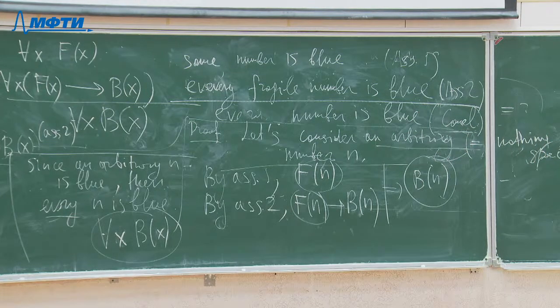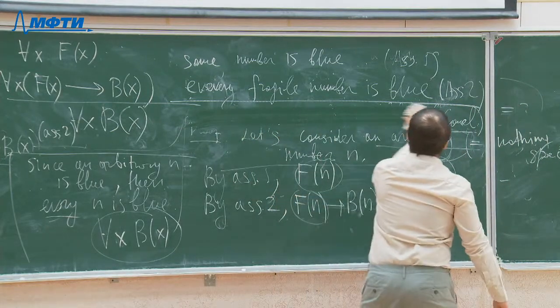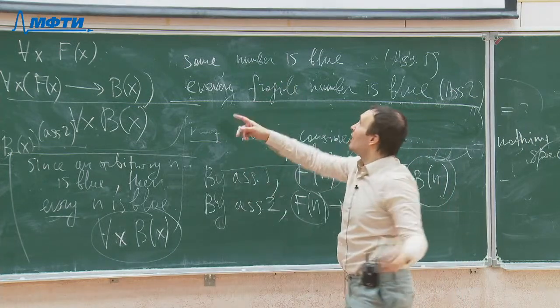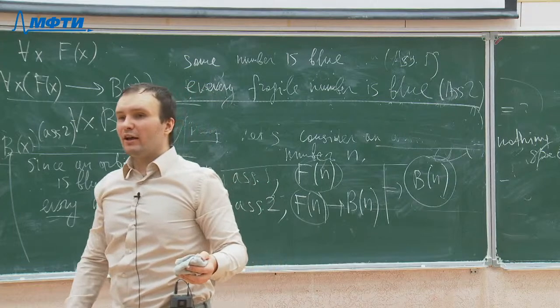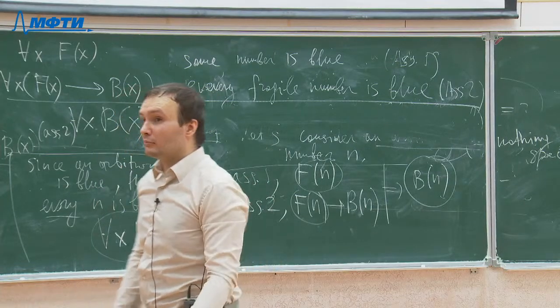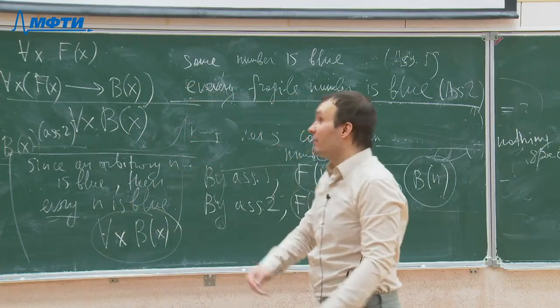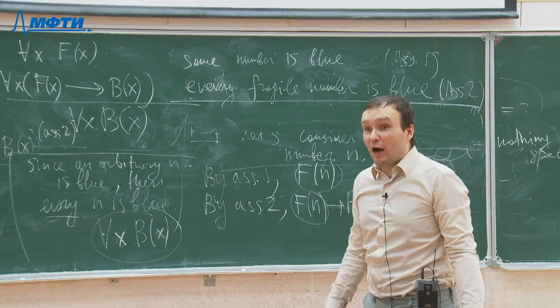And every fragile number is blue. Then I say, what does it mean some number is blue? They exist. Could you give another example of how to prove? I'll give it now. How to disprove, how to refute.